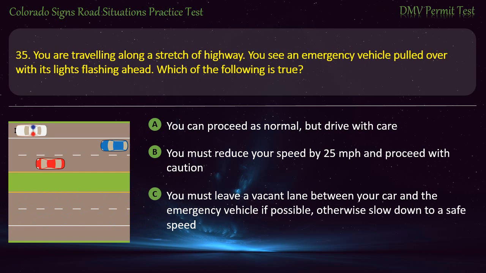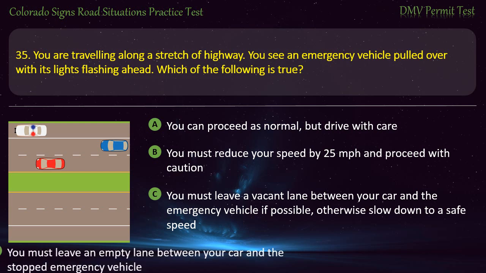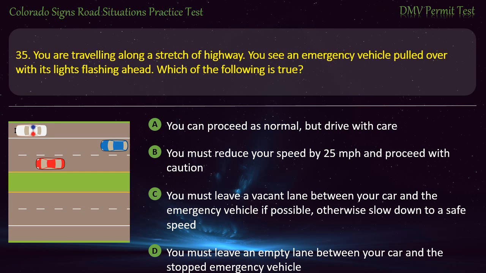You must leave a vacant lane between your car and the emergency vehicle if possible, otherwise slow down to a safe speed. You must leave an empty lane between your car and the stopped emergency vehicle. Answer. You must leave a vacant lane between your car and the emergency vehicle if possible, otherwise slow down to a safe speed.